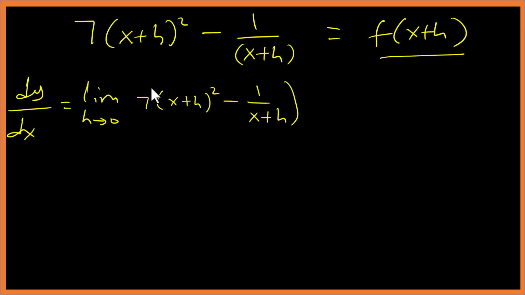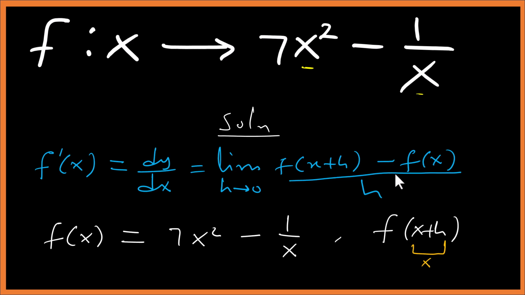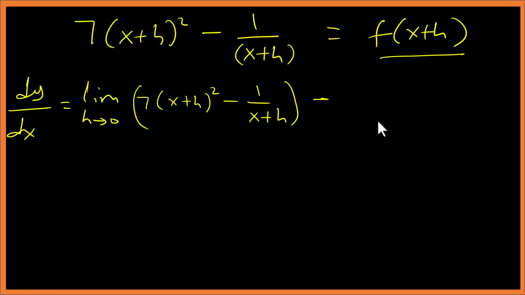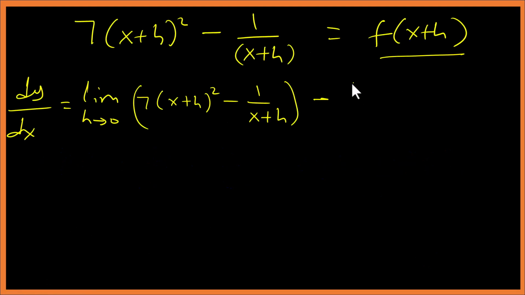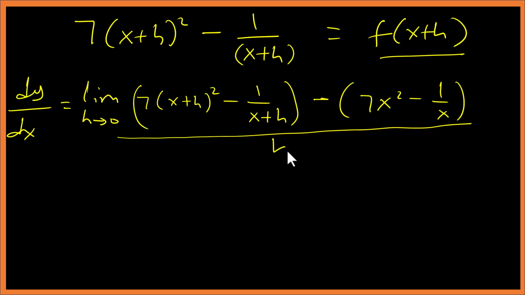Remember, we are subtracting, so minus f of x, and we have to introduce brackets because the negative will affect it. Look, minus f of x, so this minus will affect the f of x. The f of x is the function, that is 7x squared minus 1 over x. So 7x squared minus 1 over x, all over h.